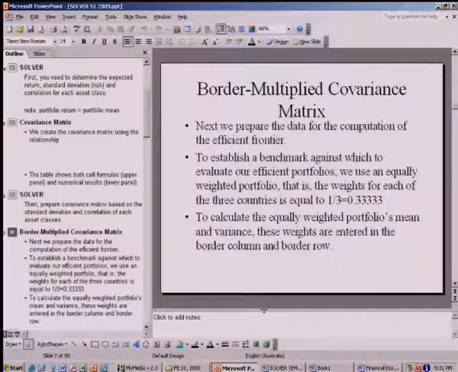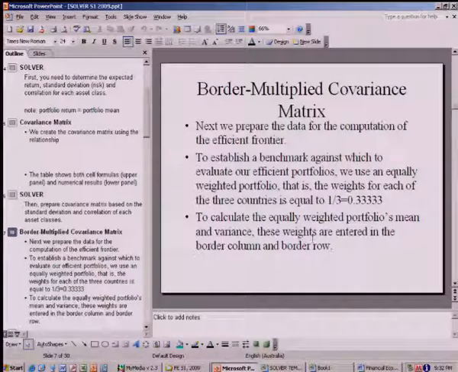And to find first the benchmark against which we can evaluate how efficient the portfolios are that we are finding, we first construct something called an equally weighted portfolio, which means you divide 1 by the number of assets in your portfolio. In our case, that is 1 divided by 3, because we have 3 assets, and the weight on each of the 3 country assets will be 0.3333.